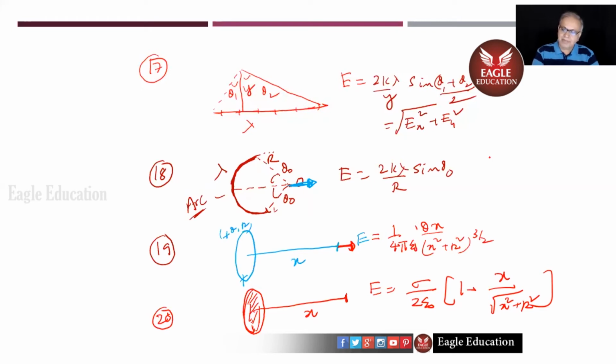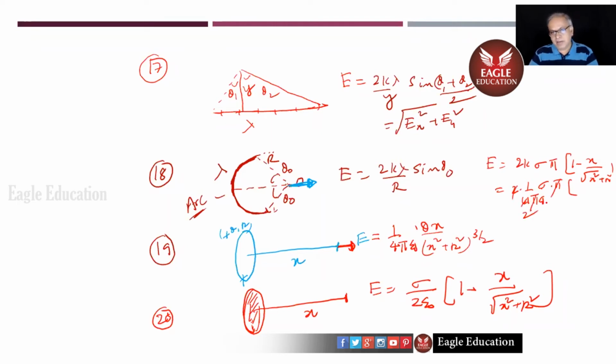If I remember, I've written 2k sigma pi into 1 minus x by this one. So 2 into 1 by 4 pi epsilon 0 sigma into pi, pi goes, 2 goes, sigma by 2 epsilon 0 will be there.